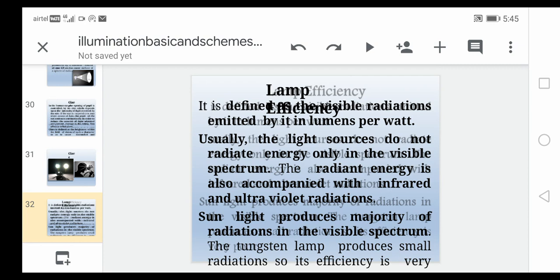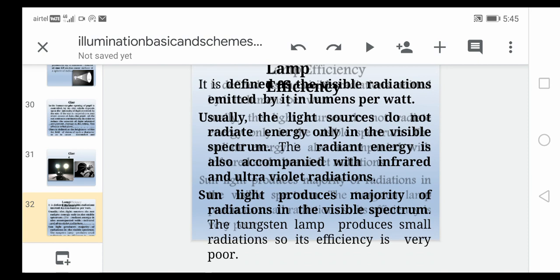Sunlight produces the majority of radiations in the visible spectrum. The tungsten lamp, whatever we were using in olden days, the filament lamp, produces small radiations, and its efficiency is very poor.